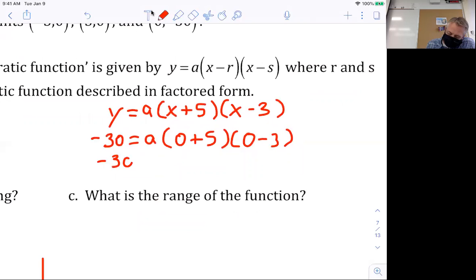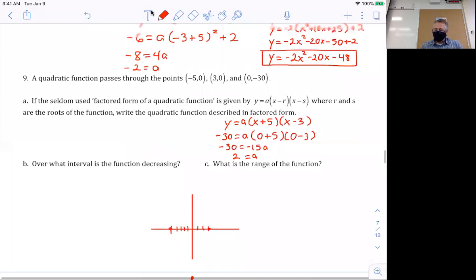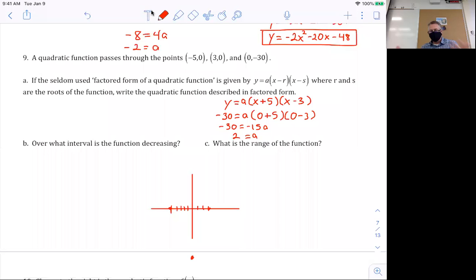All right, so that gives us negative 30 is equal to negative 15a, and a comes out to be 2. And I'm glad a was positive because remember, it opens upward.